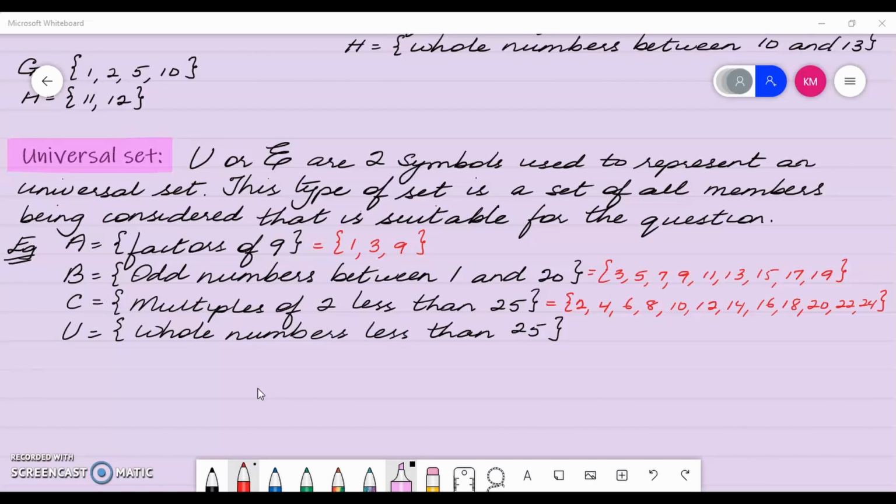So a universal set must be appropriate or suitable for the question. So when choosing that universal set, you have to look at all the elements in the sets and then determine what your universal set may be.